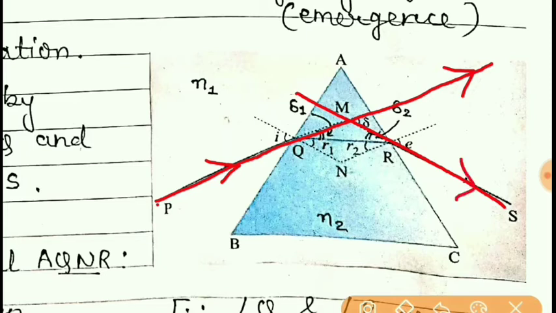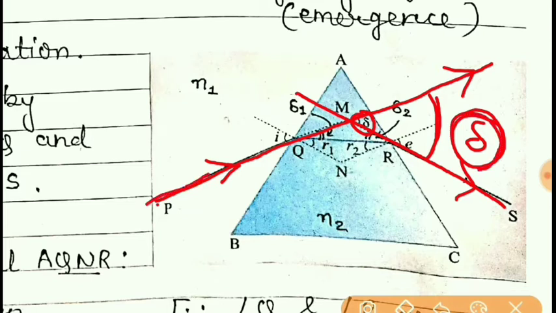And so the angle made by the incident ray and the emergent ray is this angle, and here it is shown, that is delta. So delta is the angle of deviation. Deviation of what? Deviation of this incident ray, because this incident ray has been deviated and it is emerging out in this direction.